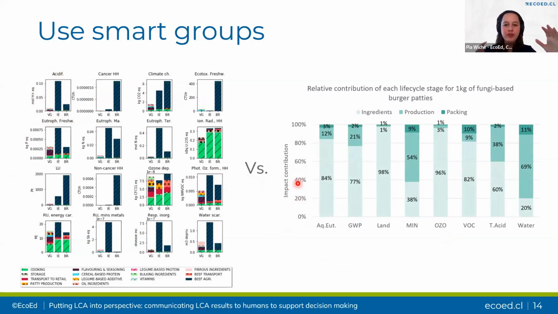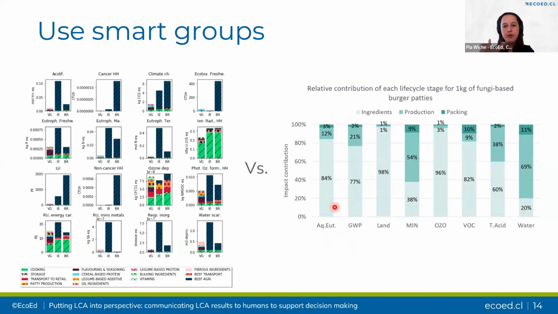When you just focus on fewer dimensions, in this case, only one product and the impact categories, and the processes, but only for one product, then it's easier for the eye to process the information and say, okay, the most important thing here is ingredients. So the biggest bars are these very light green bars.